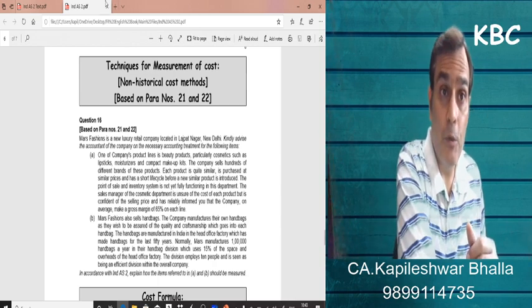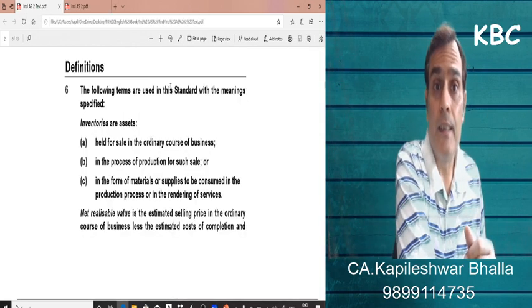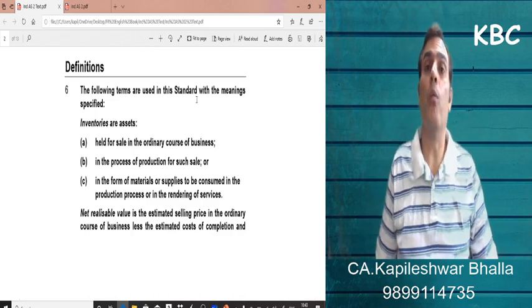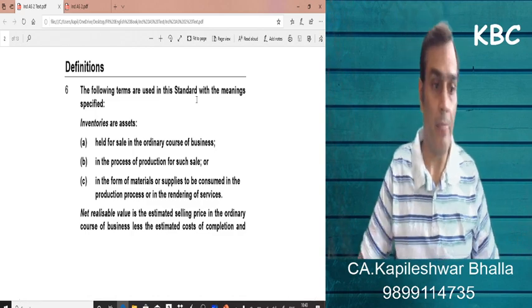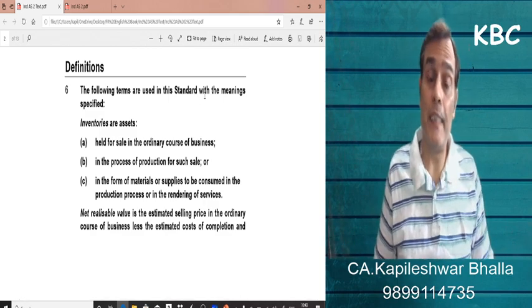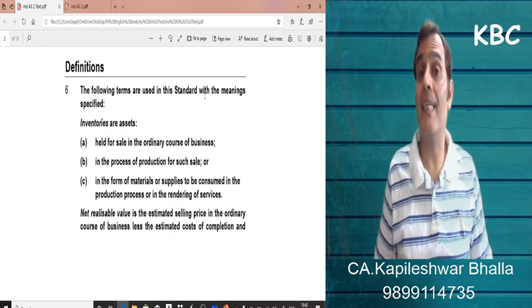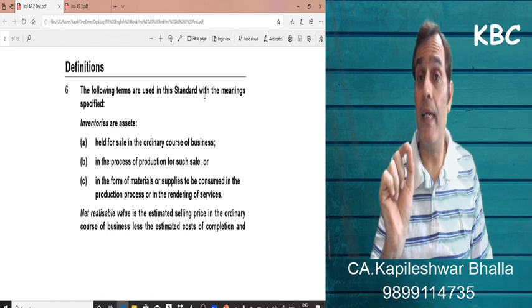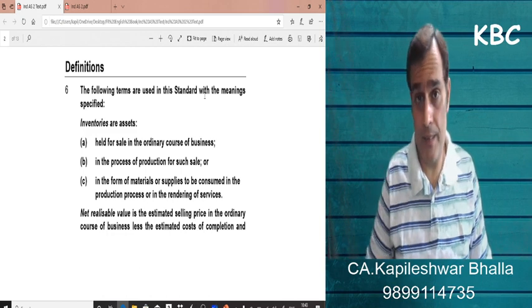So on that input now, let's go to the standard once again, and let's focus on what is NRV. Now, if you look at para number 6 of Ind AS 2, it defines the term NRV. It says NRV is estimated selling price.